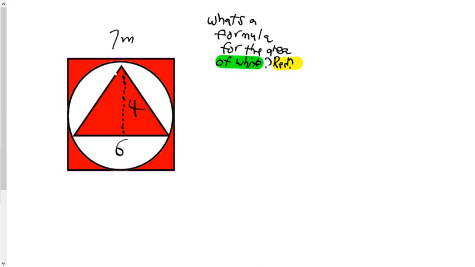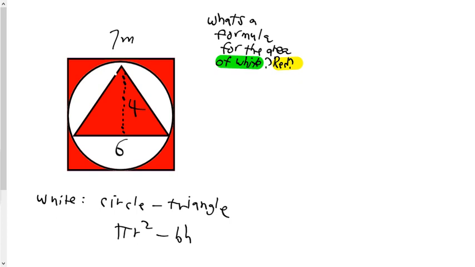So really, the formula for how much white there is would be the circle, take away the triangle, right? The circle, take away the triangle is how much white is actually there. So therefore, your formula would be pi r squared, take away, base times height divided by 2. That would be your formula.